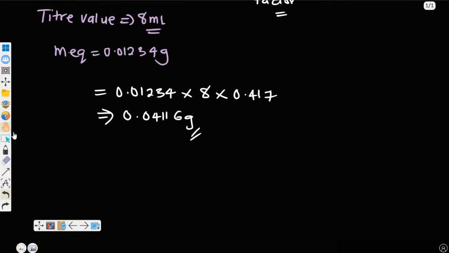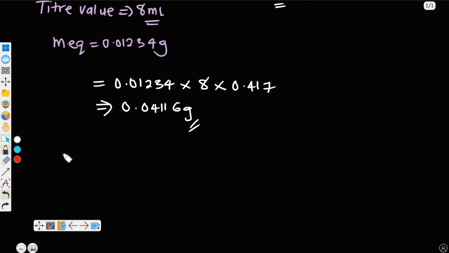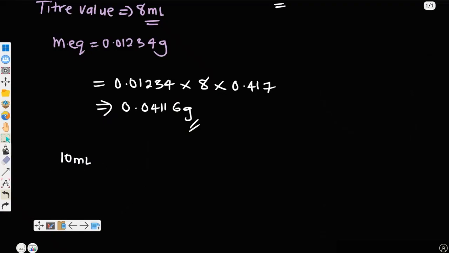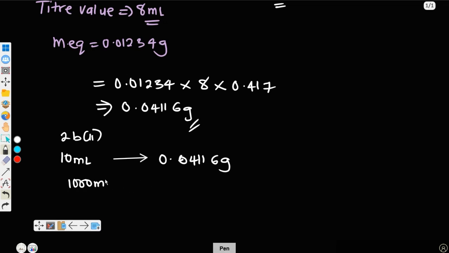I'm doing number 2bii now. 10 mil contain this amount, 0.04116 gram. Then 1000 mil would be equal to x.